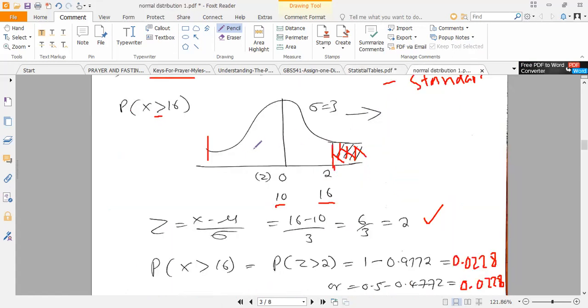It means the reading from here to here is 0.9772. So to get the reading which is remaining here, how do we get the shaded region? Since we know from here to here it's 1, we're going to subtract 1 minus 0.9772 to get 0.0228. Is that clear? Let me do that again.